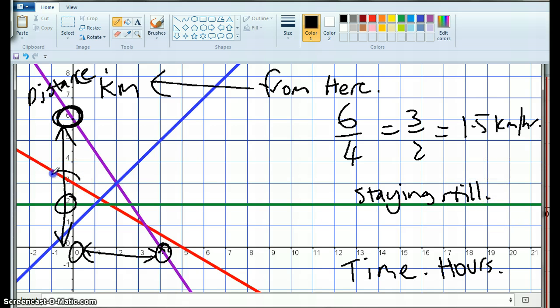What's the red person's start of the journey? Where do they start? That's a 3. So they start 3 kilometres away from the classroom, and it takes them 5 hours. So rise upon run, what's that, 0.6. So they went 0.6 kilometres per hour.